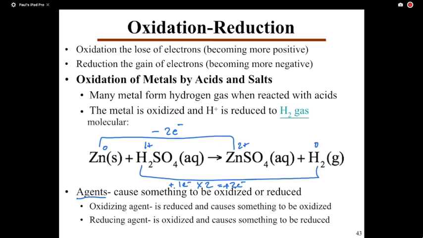No, zinc is the one that is oxidized, because it lost electrons, and so it is the reducing agent. Hydrogen gains electrons, so it is reduced, and it is the oxidizing agent. I hate when they use these terms, but you will see agent referred to in some books, and it seems reversed.